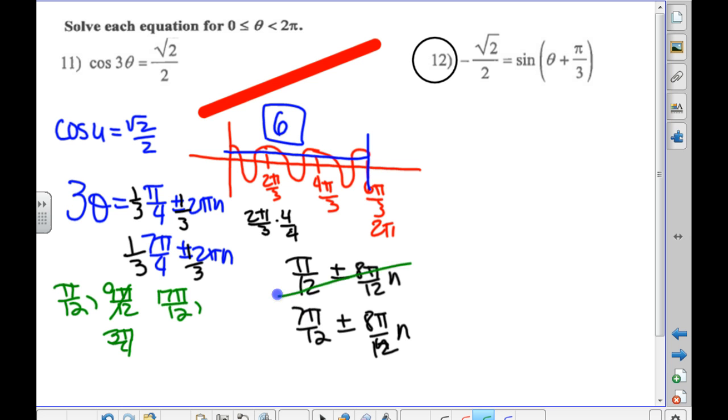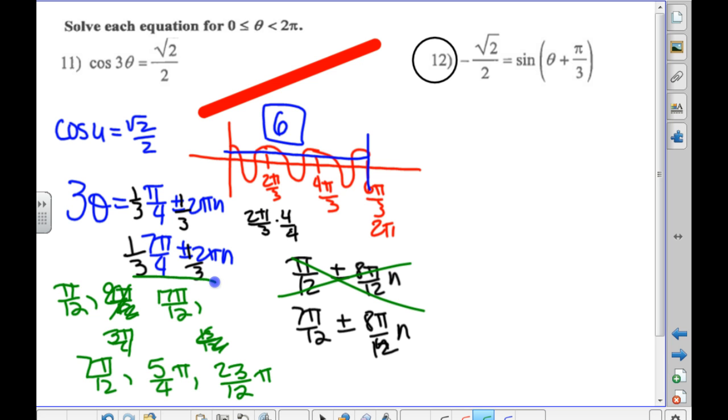Now using this one down here, 7/12 plus 8/12 would be 15/12, which reduces by 3 to 5 pi over 4, and one more 8 added on there would be 23 pi over 12. Is 23/12 less than 2? Yes. So were we looking for 6 answers?